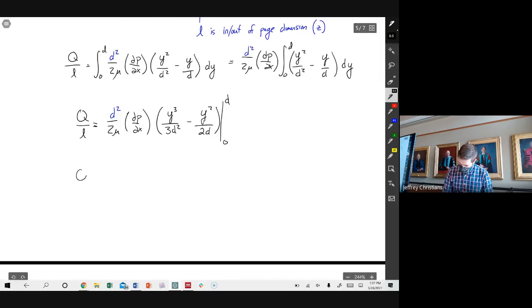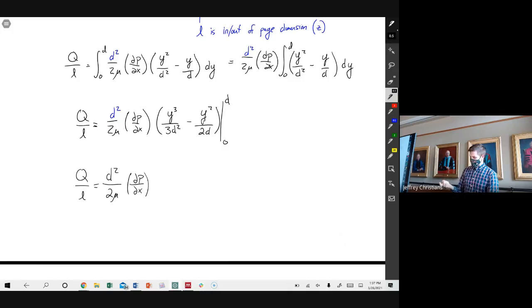Then we get Q over L is equal to d squared over 2 mu dp dx. That's d cubed over d squared, so d over 3 minus d over 2.